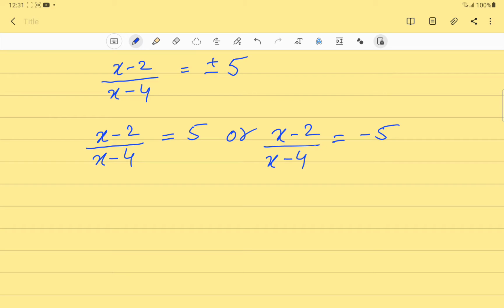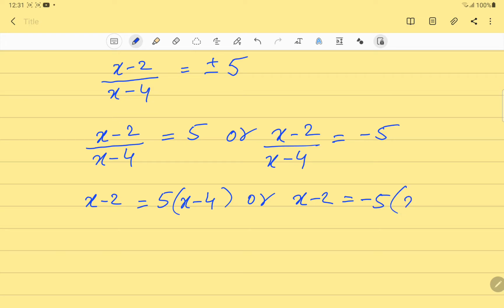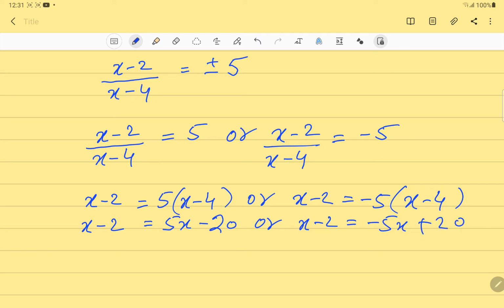We will be multiplying both the terms with (x minus 4), so we will be left with x minus 2 equals 5 into (x minus 4), or x minus 2 is equal to minus 5 into (x minus 4). Let us simplify here. x minus 2 is equal to 5x minus 20, or x minus 2 is equal to minus 5x plus 20.